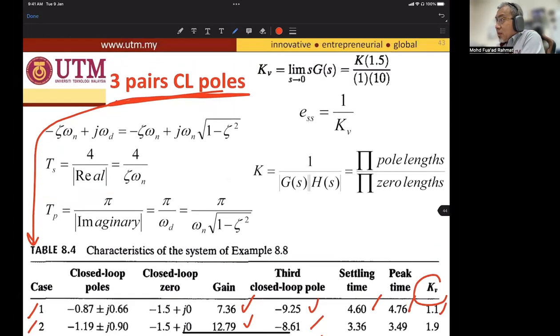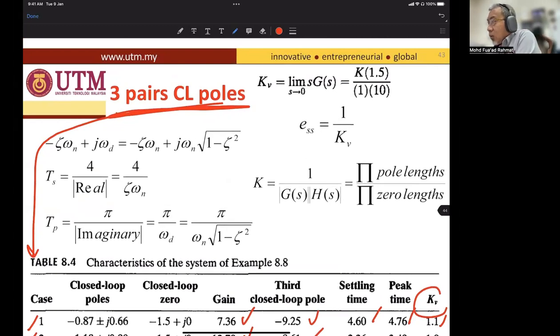Why is the system KV? Why? It's not KP. Why not KP? Why not KA? Why is KV? Patrick, are you there?